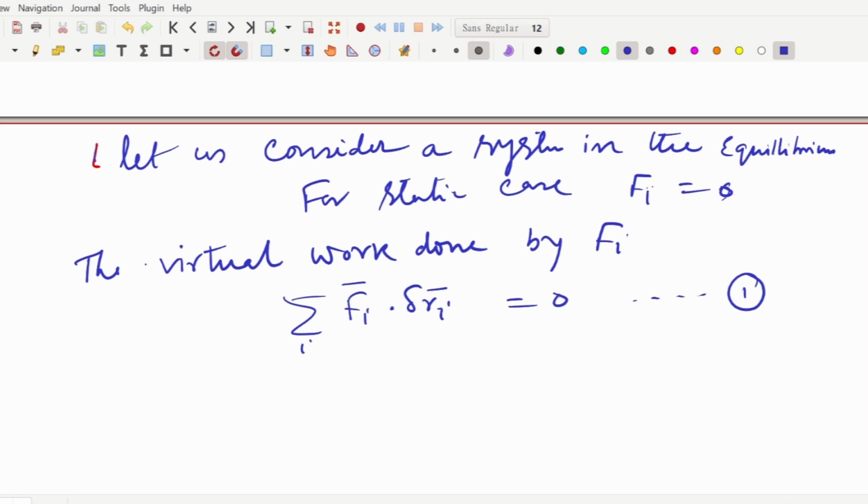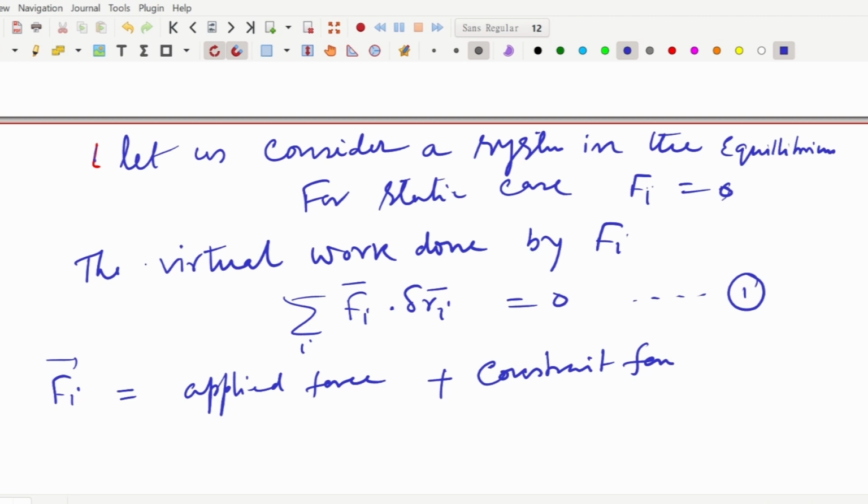This force on the ith particle can be an external applied force, or it can be a force of constraint. So let us denote the applied force with Fa, and the force of constraint on the ith particle with f.